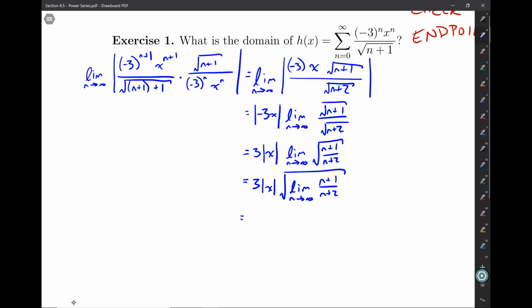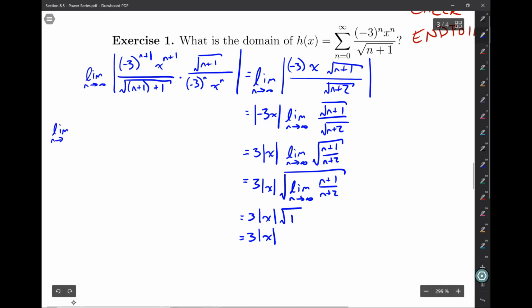In any case, the limit is 1, and the square root of 1 is just 1. And so what we end up with is the limit as n approaches infinity of the absolute value of a sub n plus 1 over a sub n. That's equal to 3 times the absolute value of x.